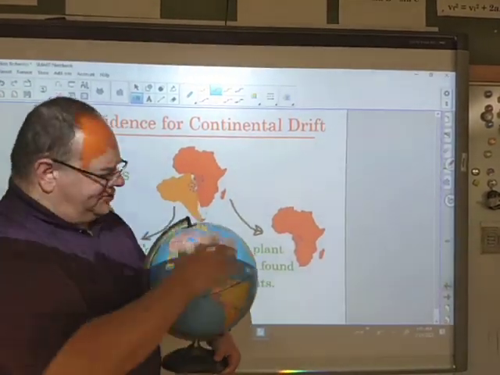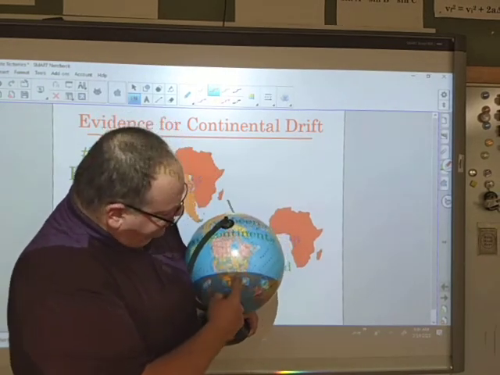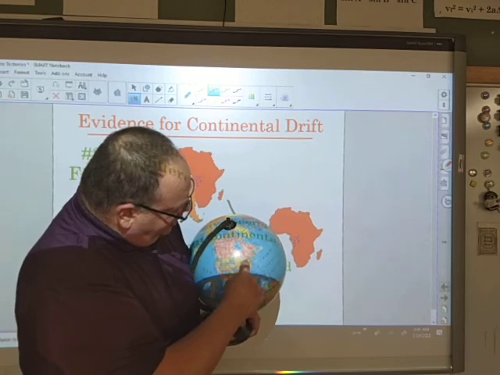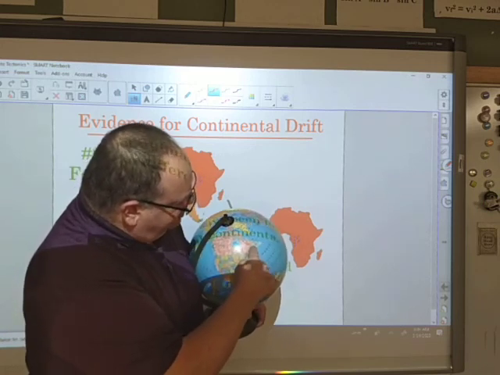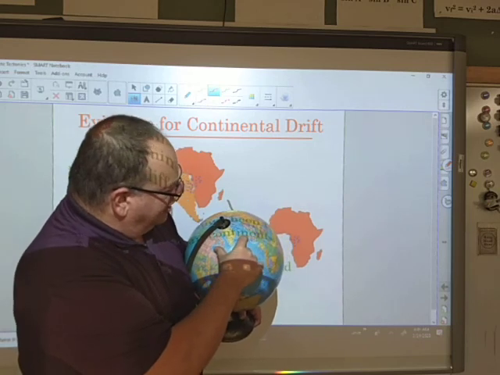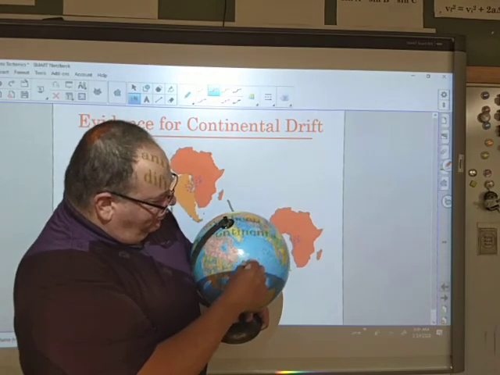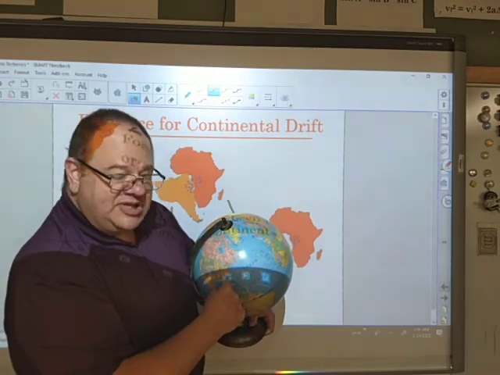So if I pull up this globe again, we're talking about a mountain range that comes through the United States, up through here. Similar types of rocks here, but we find the same types of rocks over here. So if that were together at some point in the past, then that makes sense.